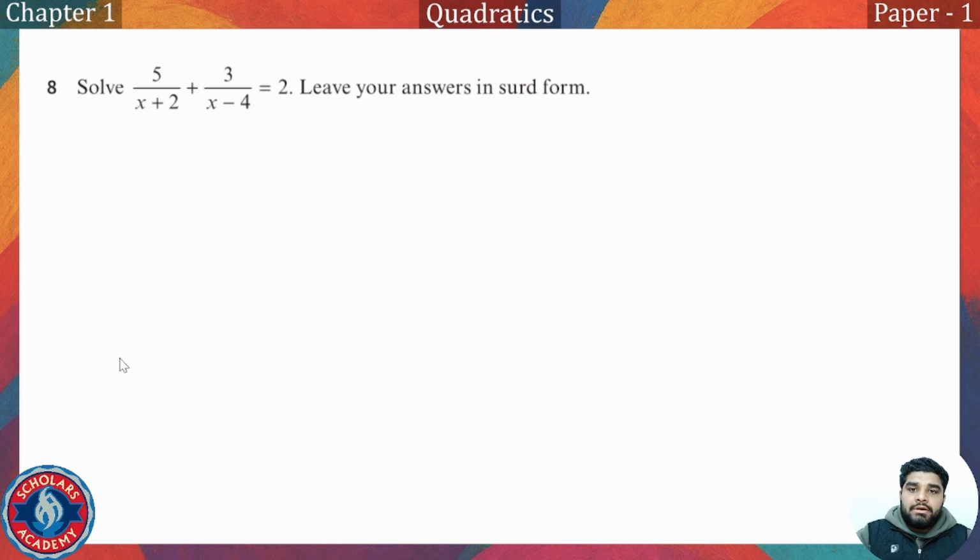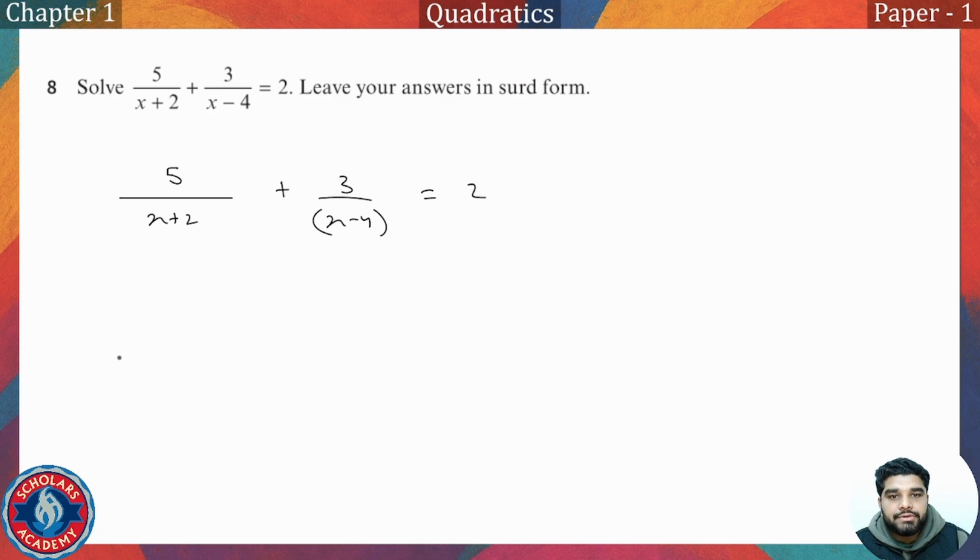Okay. So first of all, we need to simplify this equation. So we have 5 by x plus 2 plus 3 by x minus 4 is equal to. We need to take LCM over here, or we can also see these two denominators are different.